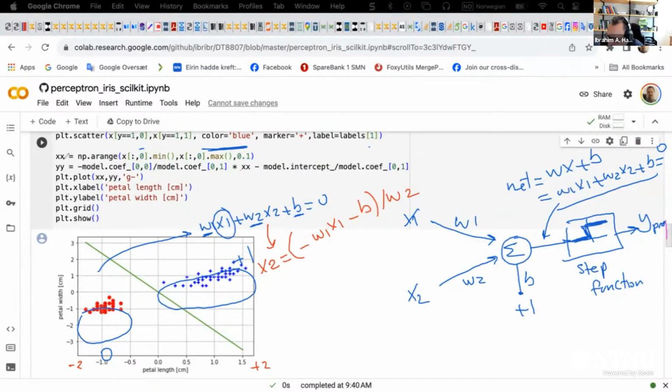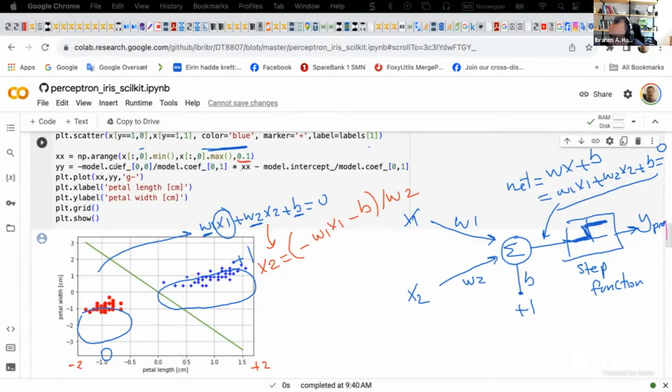Now, as you can see here, I used this command for generating values from x0 minimum to x0 maximum using this step. So now I generated all values for x1, and I will substitute those values into this equation.